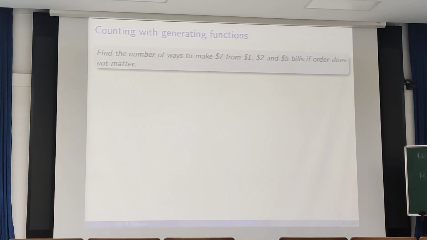Here x to the power 1, here x to the power 2. So it will become x squared plus x to the power 4 plus x to the power 6.